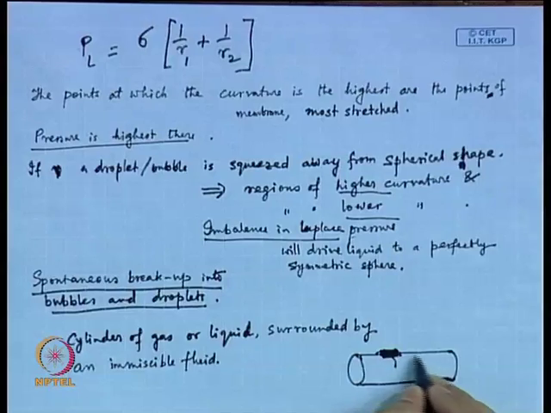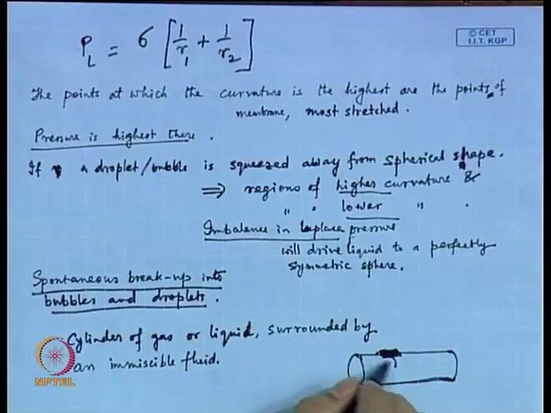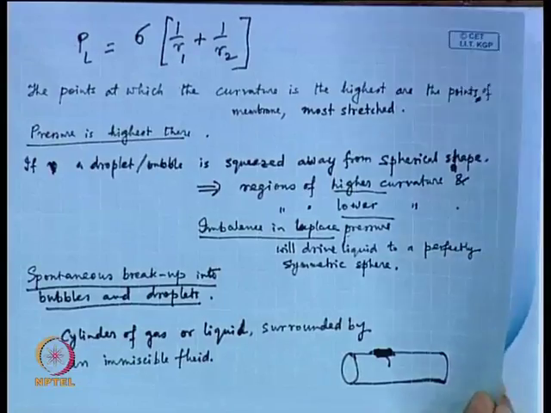However, there is no curvature in this direction, so you can consider that radius to be infinity, or the curvature to be 0. But you have one curvature already, where the radius is simply the radius of the cylinder.